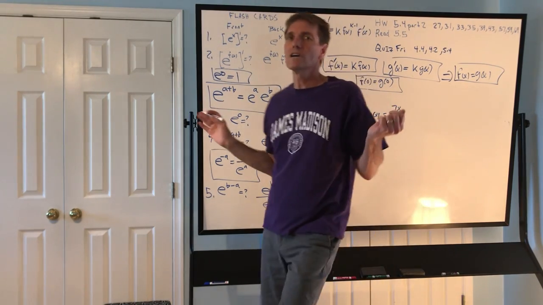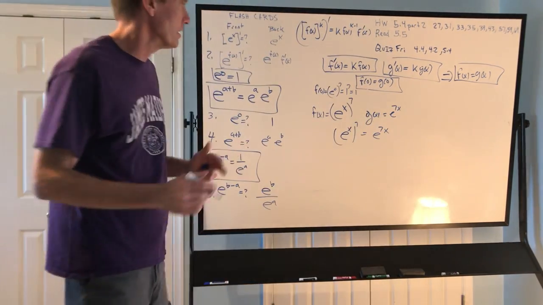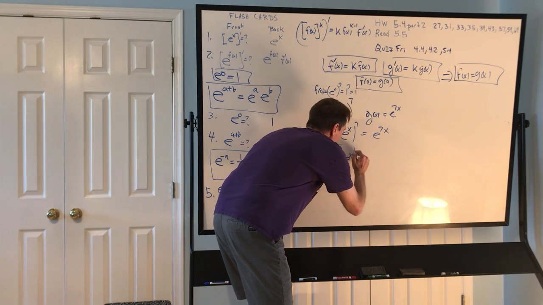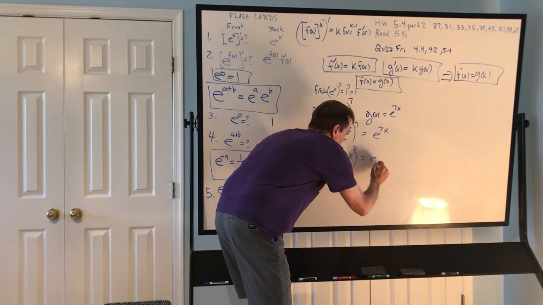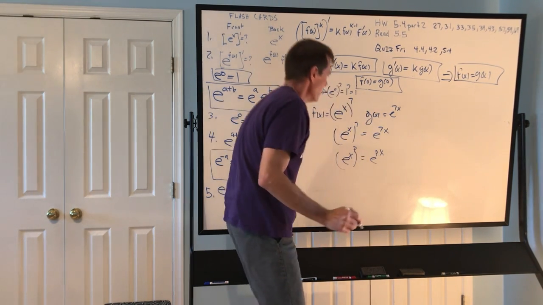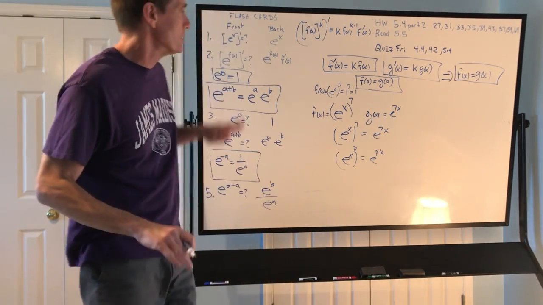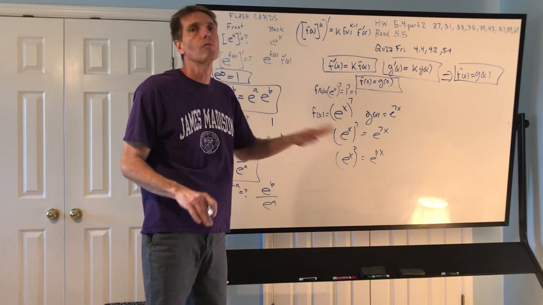Now again, the 7's not important. It could be any real number. e to the x to the p is equal to e to the p times x. And these are properties of the exponential function you memorize, but you never actually were shown why it's true.